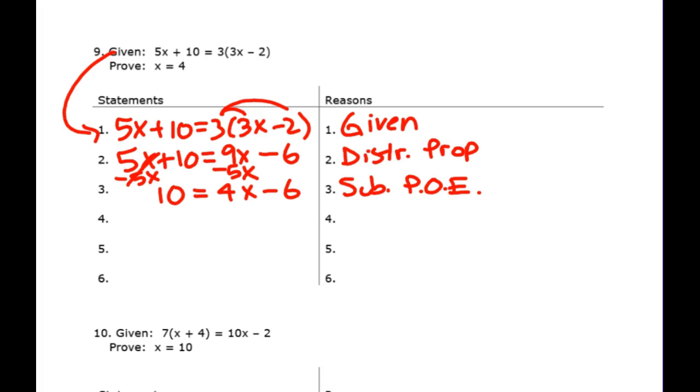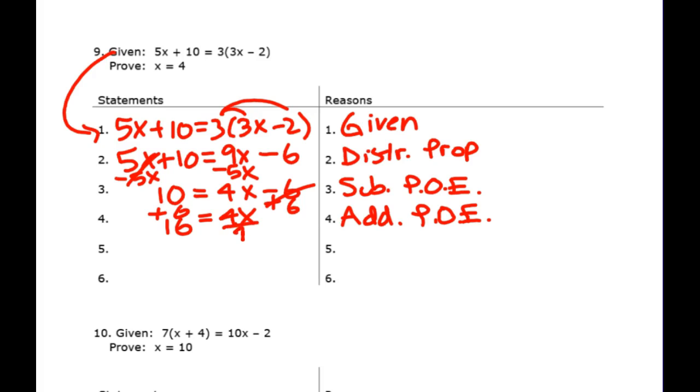Next step on the right, I need to get rid of the loner, which is minus 6. To get rid of minus 6, I need to add 6 to both sides. These cancel out, so I bring down, I got 16 equals 4x. And that was the addition property of equality. And then to get rid of the 4 in front of x on the right-hand side, I need to divide.